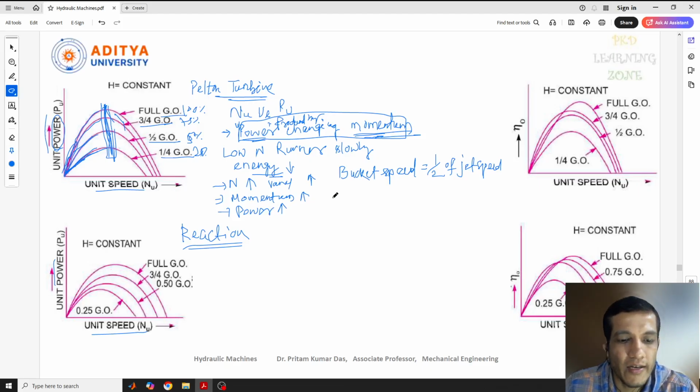If you go very high, at the higher speed of this turbine, the bucket will move very fast.